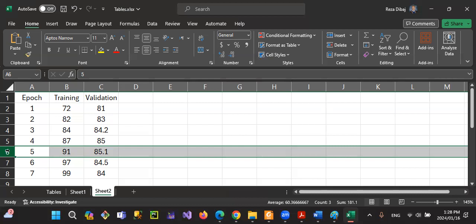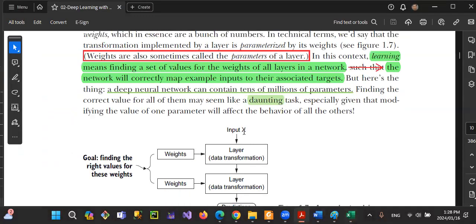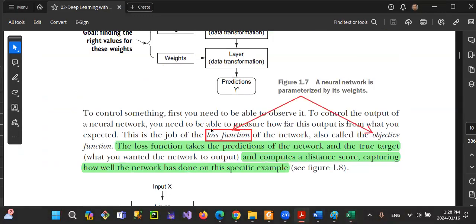Okay. As we stated, we have started this page. We talked about different names for loss function. You remember we said objective function, also cost function.